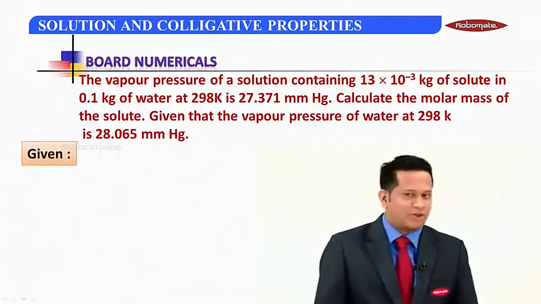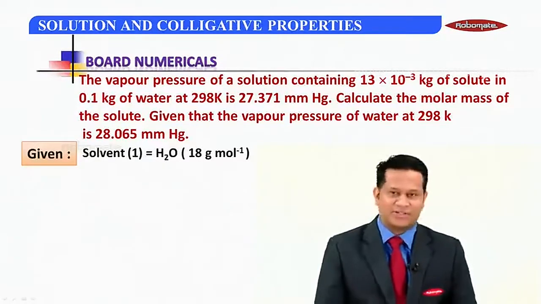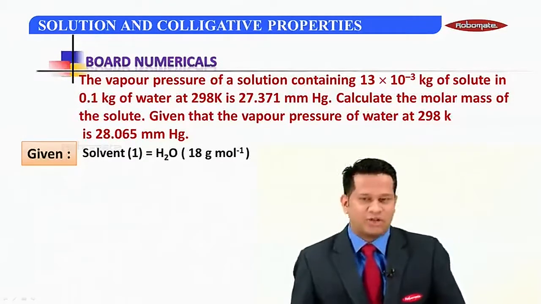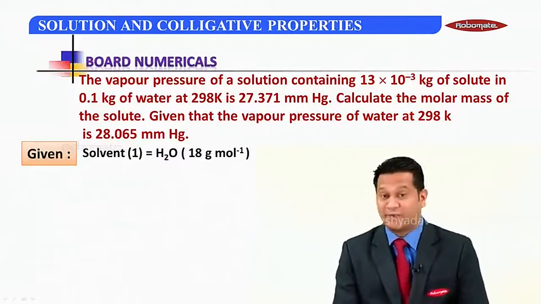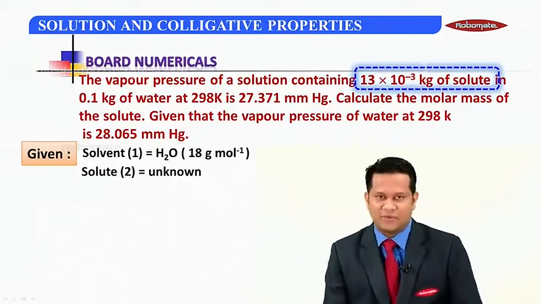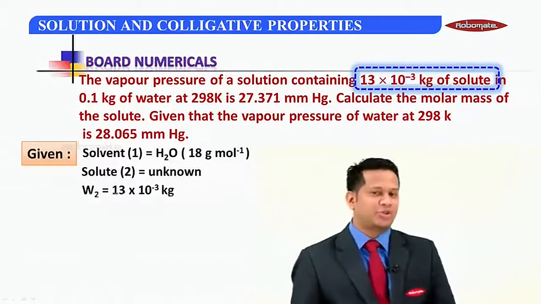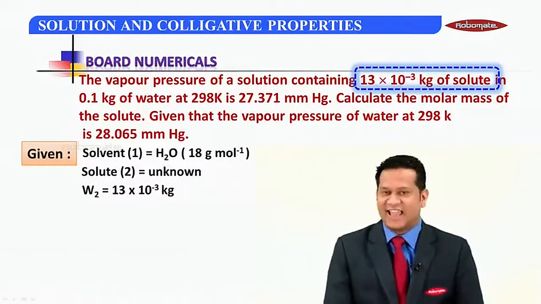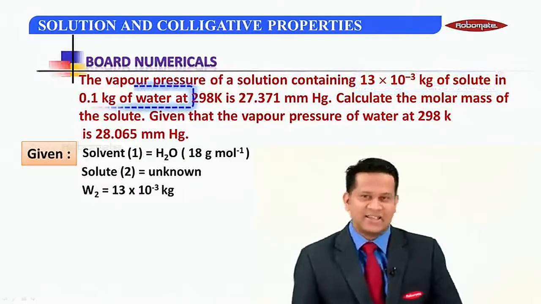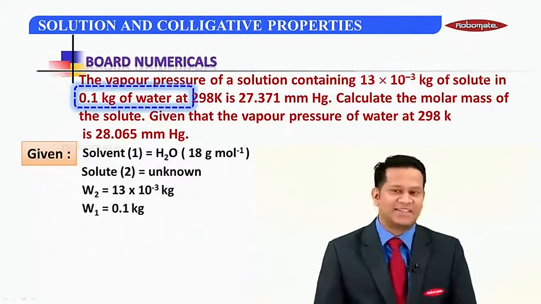Let us first write the given data. In that we'll write solvent. The solvent is water. Its molar mass is 18 gram mole inverse. And if we talk about the solute, they have not specified in the question, so solute is unknown. The first data is weight of solute W2, which is 13 into 10 to the power minus 3 kg, and the second data is the weight of water solvent W1, which is 0.1 kg.